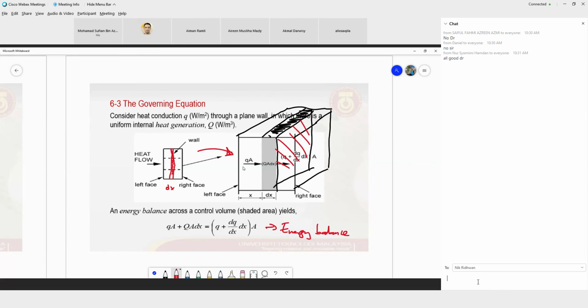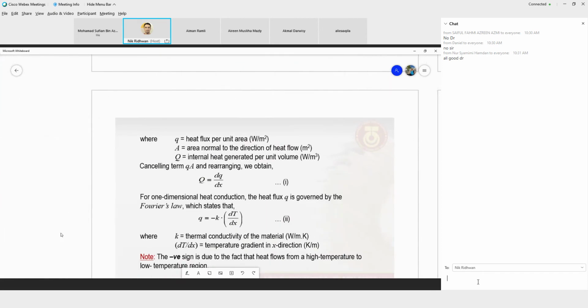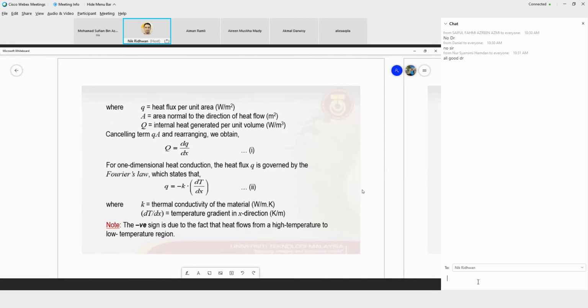So whatever comes into this surface should be equal to whatever will be leaving this surface. I'm not going to discuss further detail here. You can look into the thermodynamics or heat transfer textbooks.